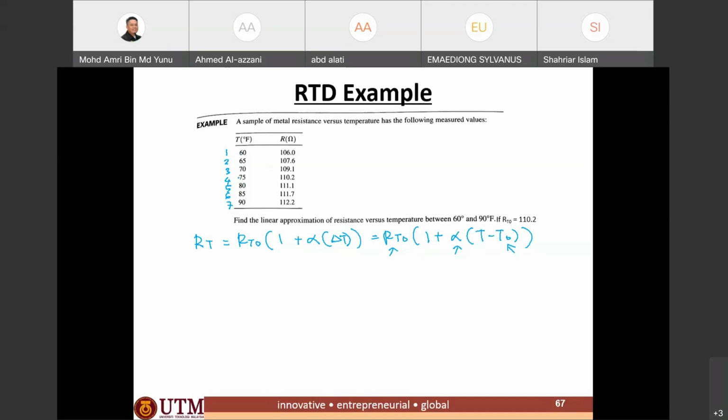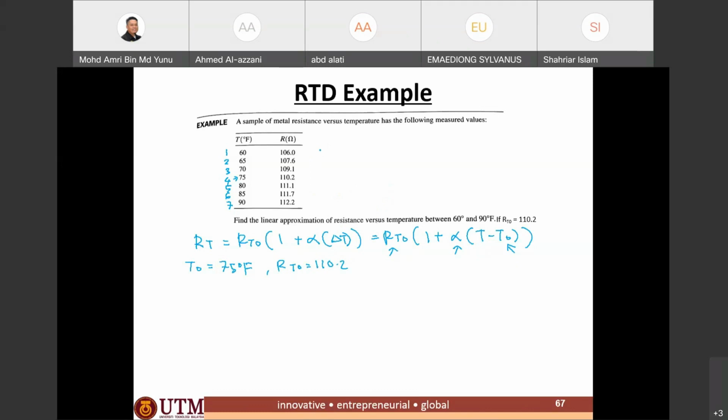Since we have 7 points, we can conclude that 75 is at the center. So we can choose T naught as 75 degrees Fahrenheit, and R T naught to be 110.2.